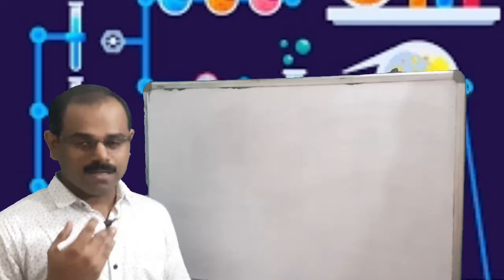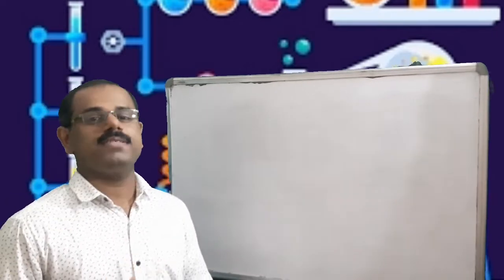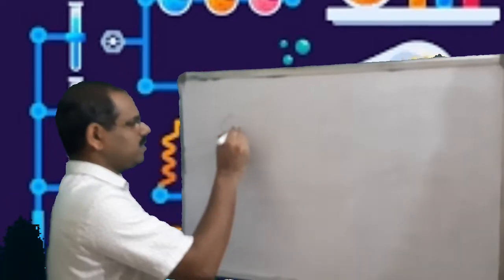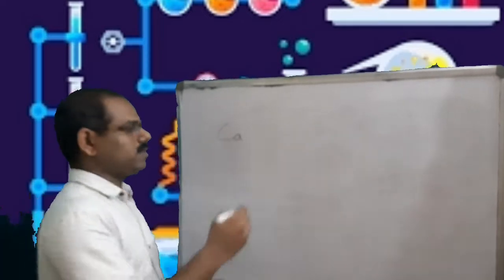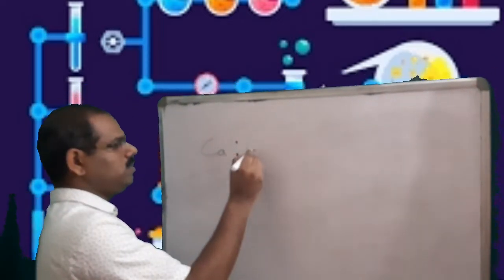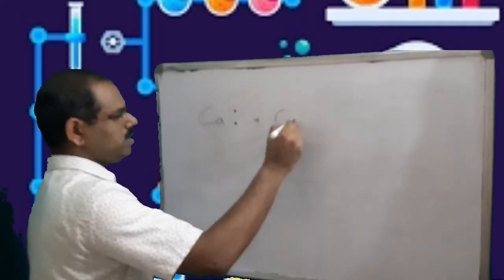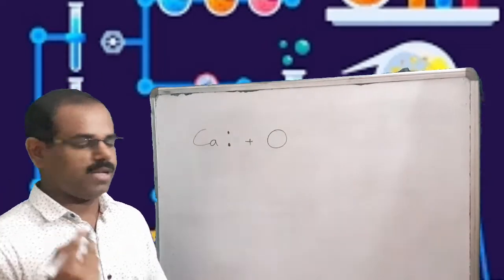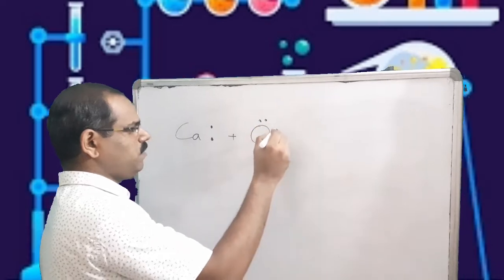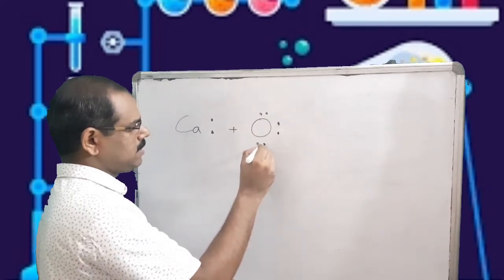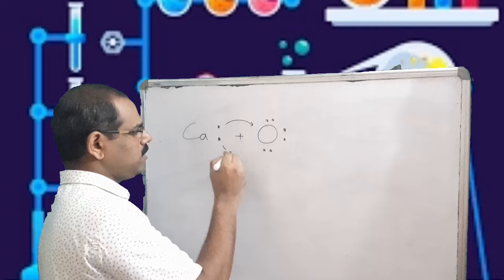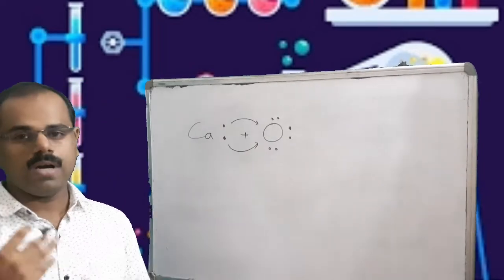We see the dot structure of calcium oxide. Calcium with 2 electrons in the outer shell, plus oxygen with 6 electrons in the outer shell. We show it like this with 2 arrow marks.